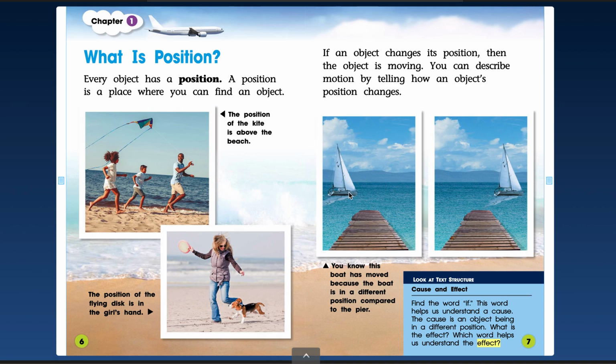Hadn't reached the pier yet. And here, the boat is in front of the pier. It has moved. It is in motion. So the position has changed. Here it's to the left of the pier. Here it's to the right of the pier. Okay? So position can tell us if something is moving because it changes its position. Let's keep reading.